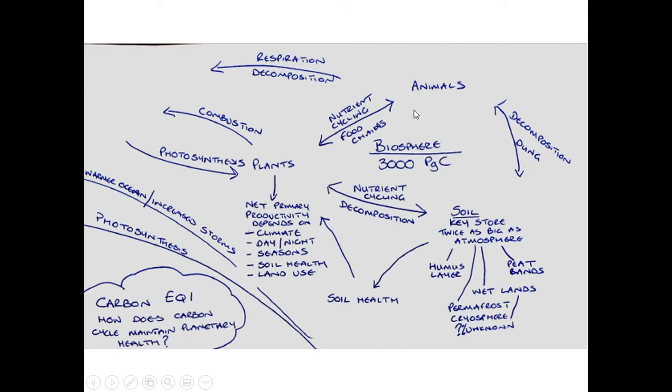So if we destroy the soil health and net primary productivity and the animals through climate change or agricultural processes, this will have a big impact on the whole of the system. By negatively affecting the ecosystems, it will lead to yet more carbon dioxide being released into the atmosphere.